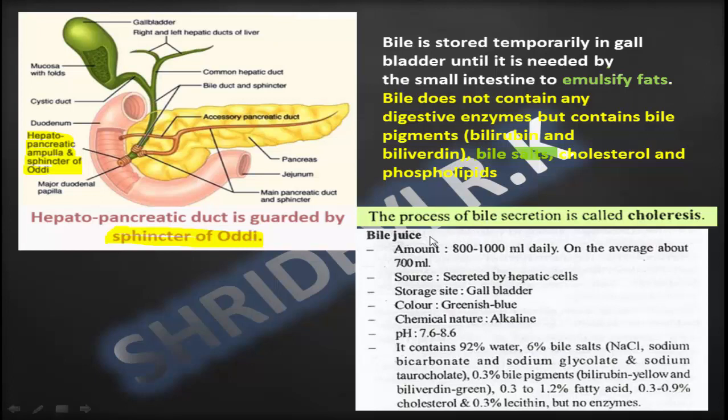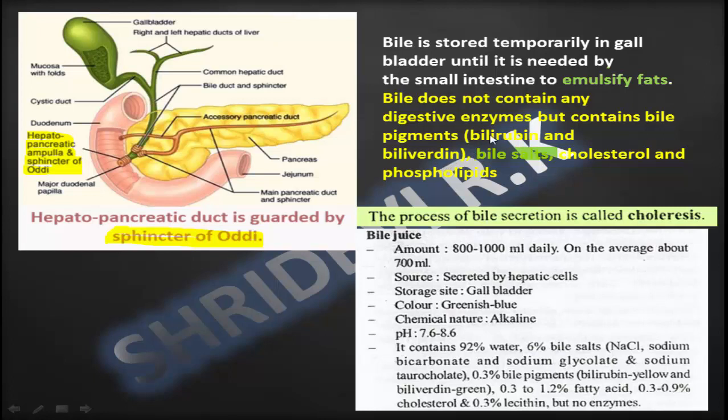What is the storage site of bile juice? It is the gallbladder. What is its color? Greenish blue. The greenish blue color is due to the presence of the pigments called bilirubin and biliviridin.